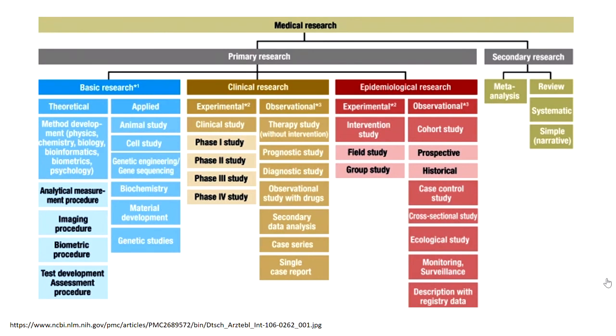And as part of primary research, you have basic research, clinical research, and epidemiological research. And there are subcategories in there as well. The way I'll be discussing them in the lecture doesn't quite fit neatly with this diagram, but the diagram was nice to show the complexity of experimental design.